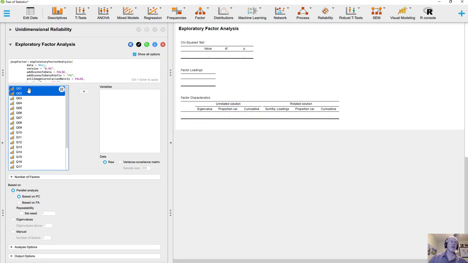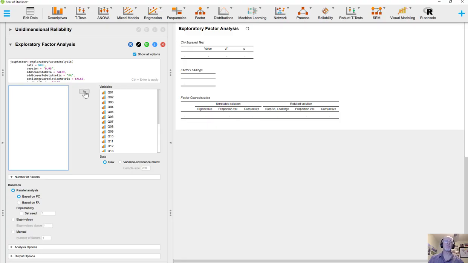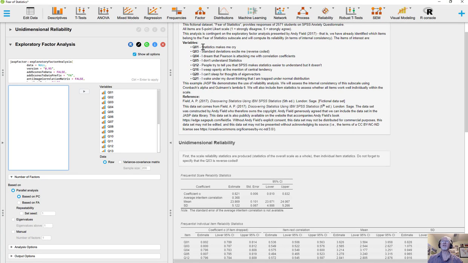I'm going to highlight all of these variables. There's 23 of them. I'm going to stick them over here in variables, and it automatically starts running a factor analysis to get a solution, and it gives me factor loadings. That first factor that comes up here, by the way, is the same factor as what's up here.